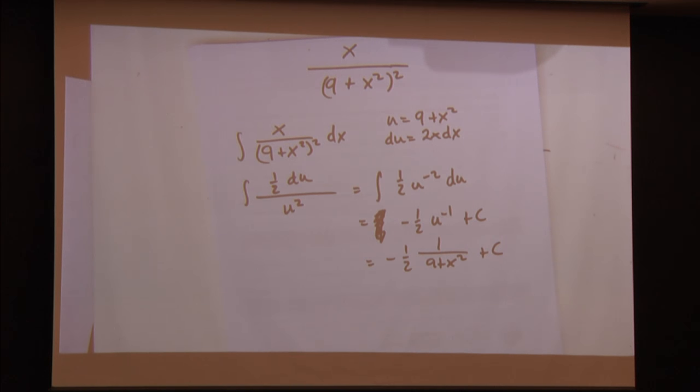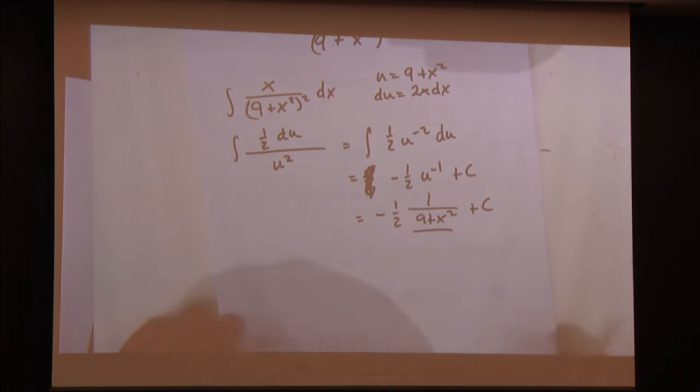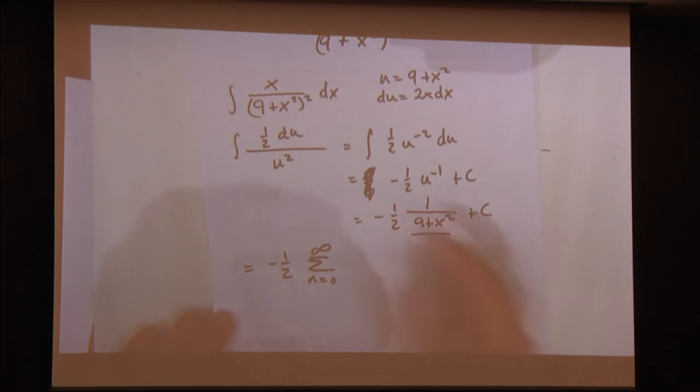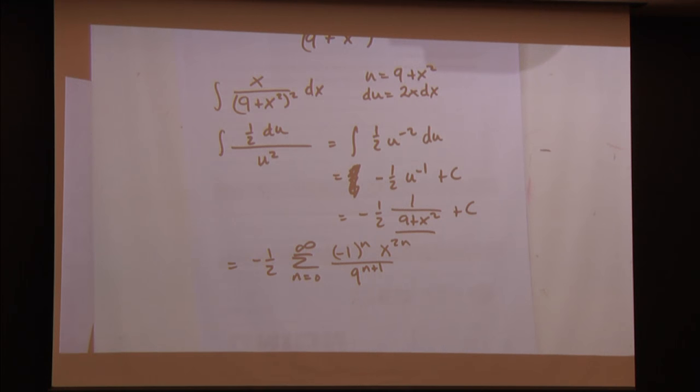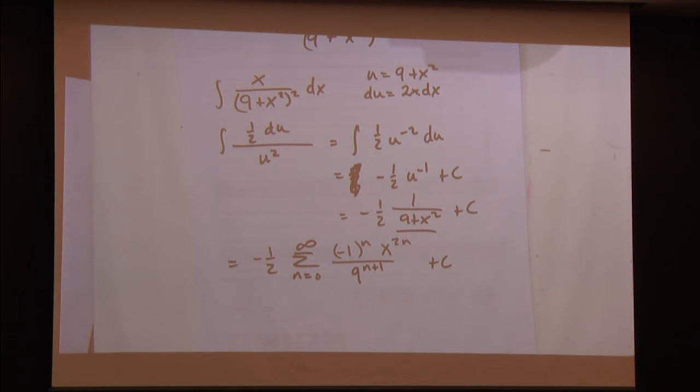We already know what this series is, though. We figured it out before. So we can just plug that in. We took the integral to get there. We have to take the derivative to get back.